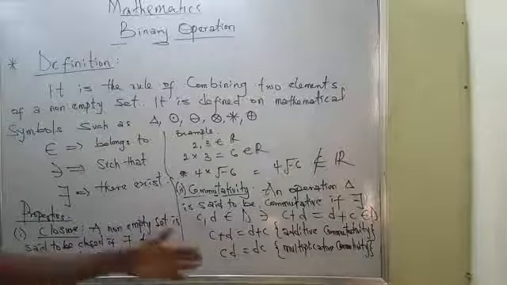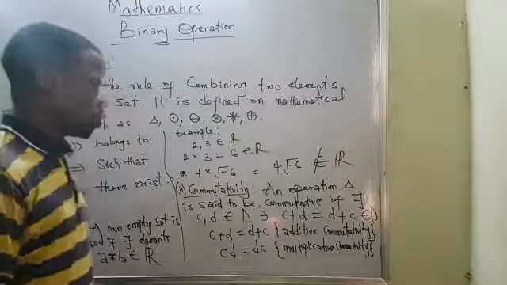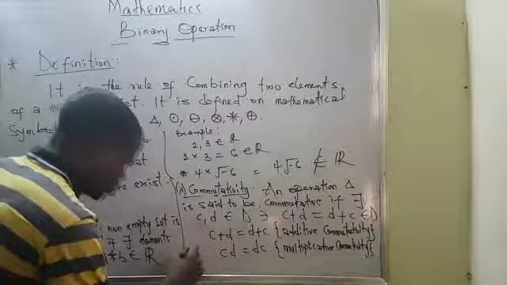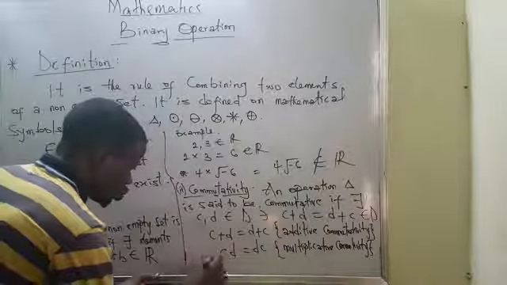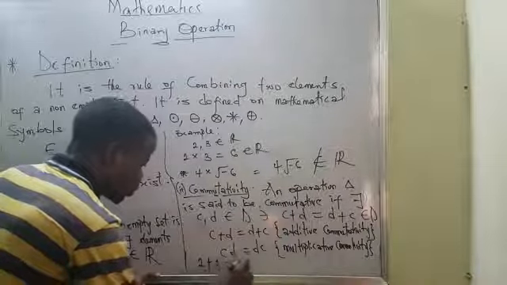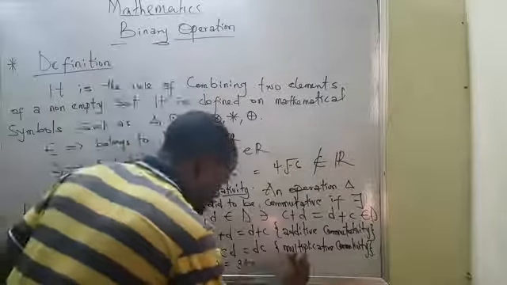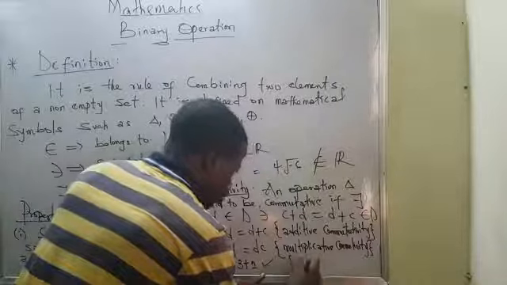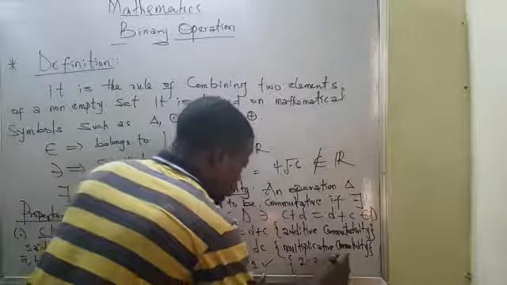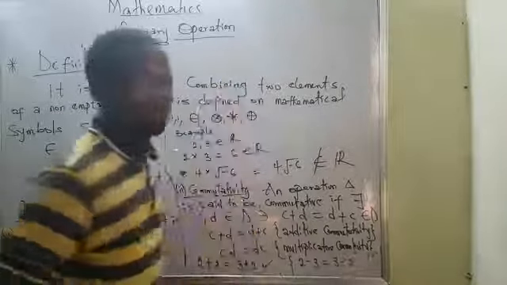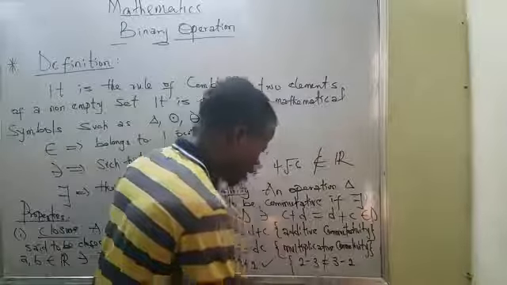Now, you can say 2 plus 3 is equals to 3 plus 2, right? Correct. But you cannot say that 2 minus 3 is equals to 3 minus 2. Do you see this? They are never equal.